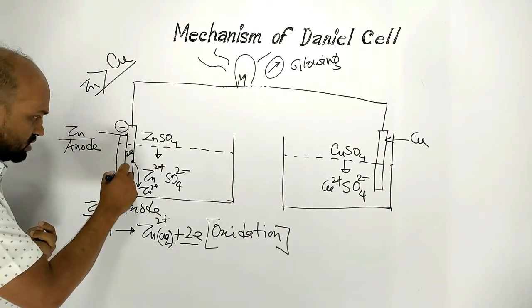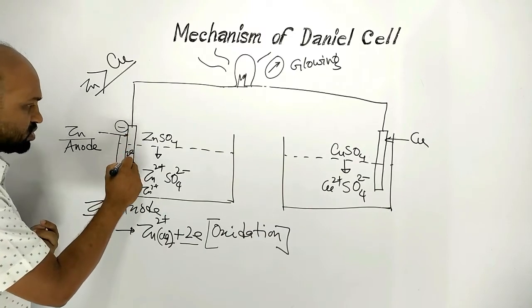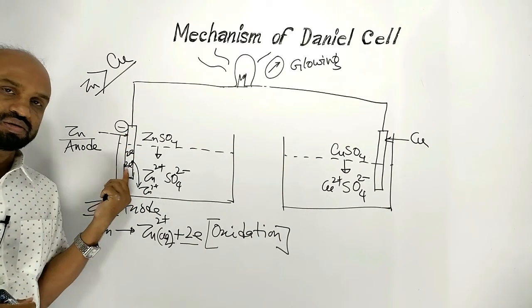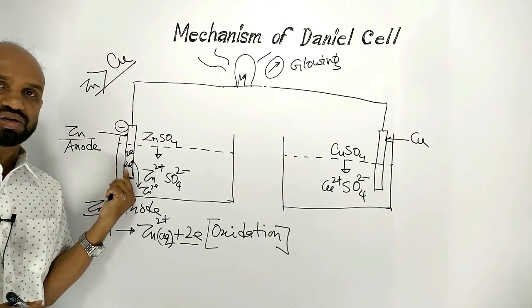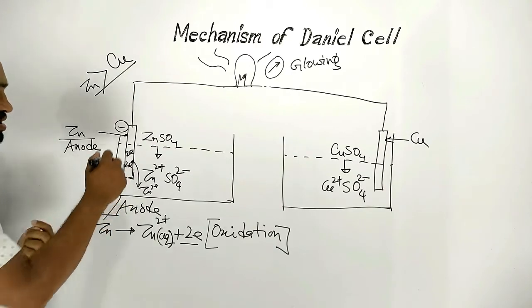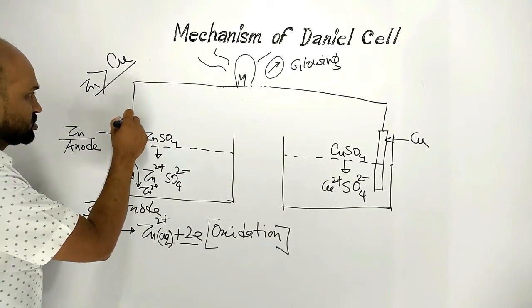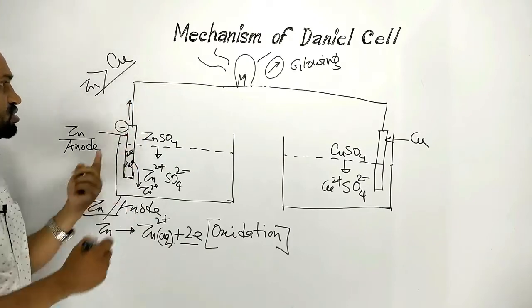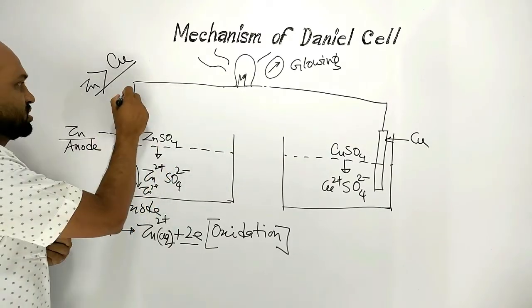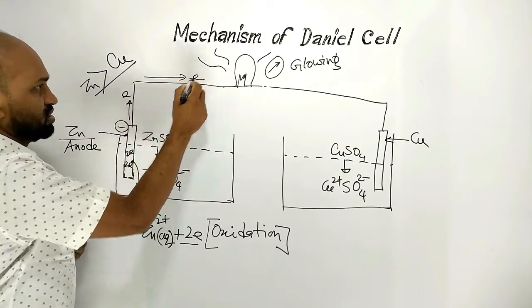Now in this zinc bar, because of the electrons, electron-electron repulsion is created. That is why these electrons flow through this wire in this way.